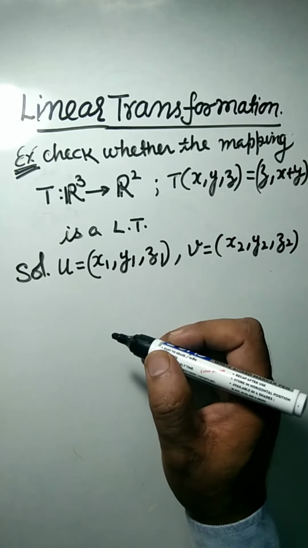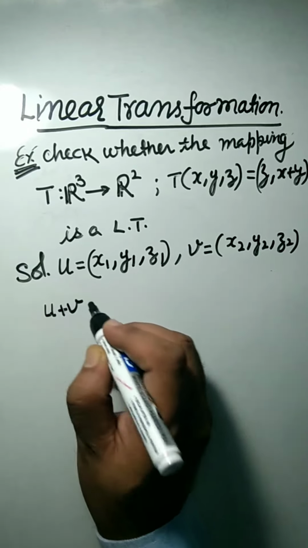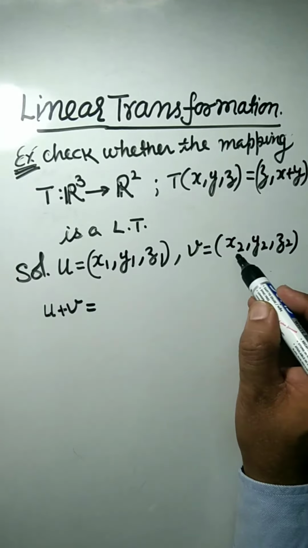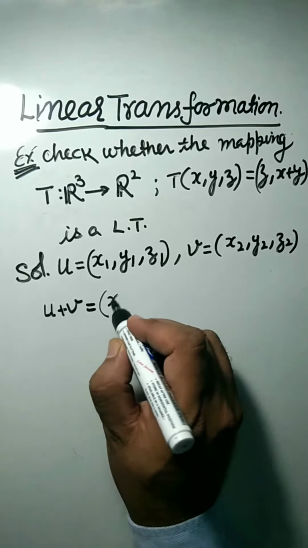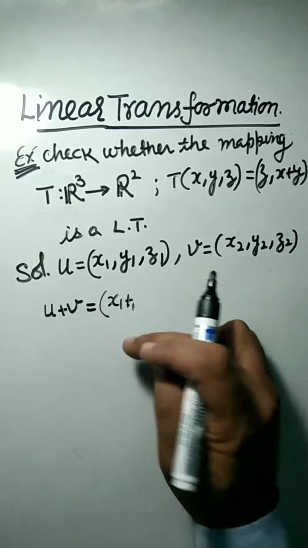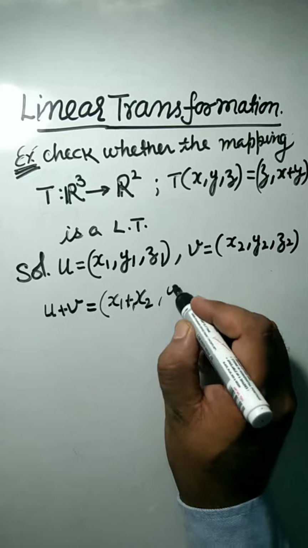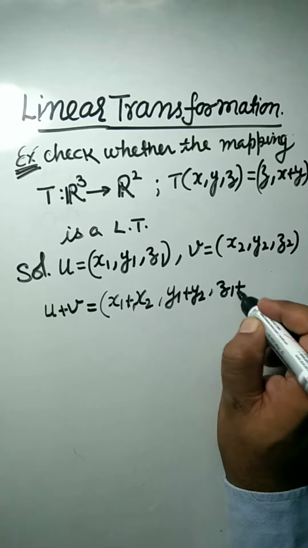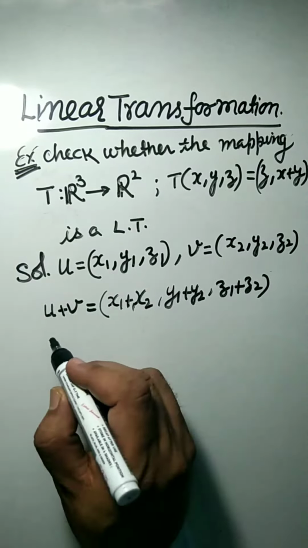Now, property 1 says that for the sum of vectors u plus v, each coordinate is added: u + v equals (x1 + x2, y1 + y2, z1 + z2).